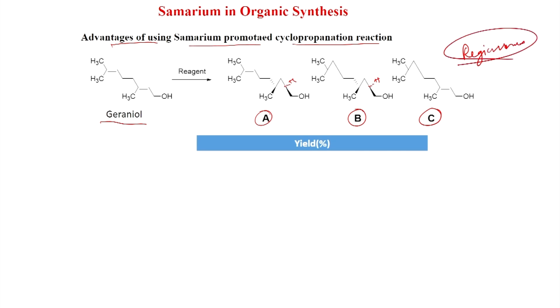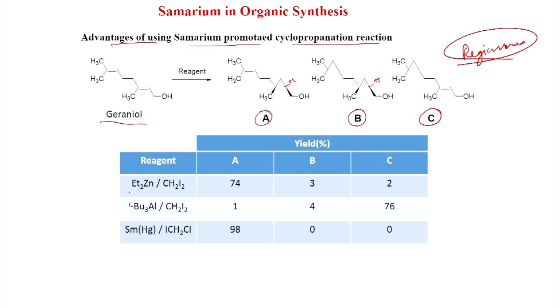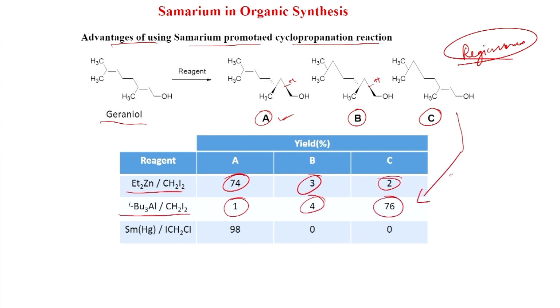These are actually regioisomers. Now, if you put diethyl zinc, CH2I2, then A is formed in 74%, that is the major, but you get some amount of B and C, 3% and 2%. On the other hand, if you use triisobutyl aluminium with CH2I2, you get only 1% A, 4% B and 76% C. So, C becomes major here with triisobutyl aluminium.